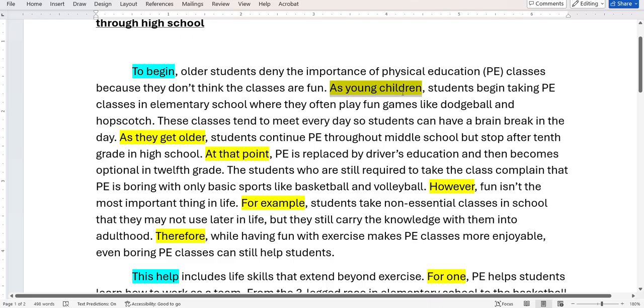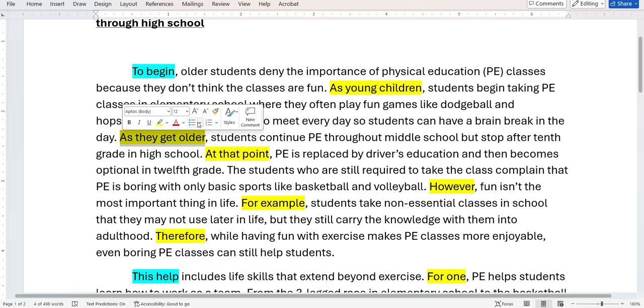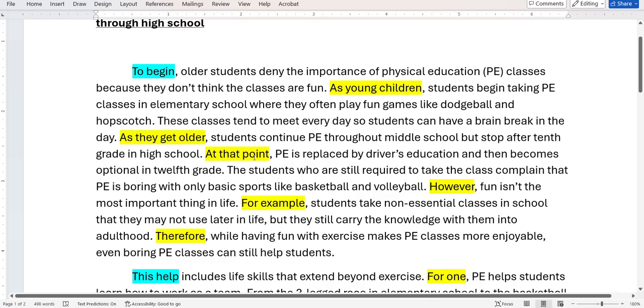Because if I'm starting off with young children here, then have a couple lines about that, but then switch to as they get older, now it's clear that I'm done talking about young children, that now I'm talking about them getting older. And when I say at that point, I'm saying this is still the same thing. They are still the same age. I have not moved on to other information.